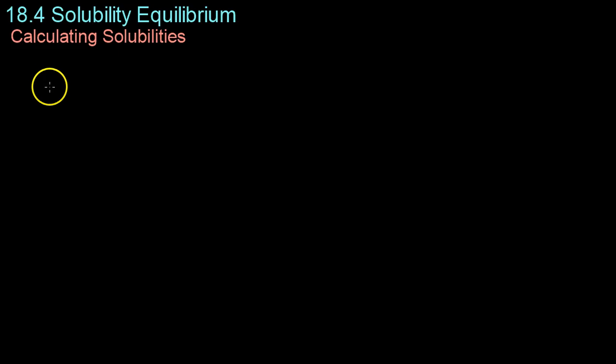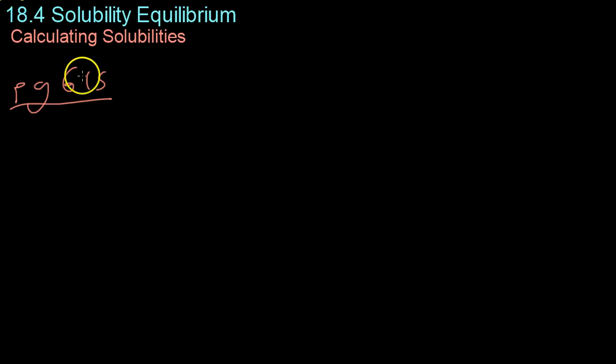Now that we've seen how to calculate the Ksp value, we can use this Ksp to actually calculate the solubility of something. In other words, how soluble it is in a certain solvent. For reference, on page 615, there's a great table of solubility product constants for common compounds.